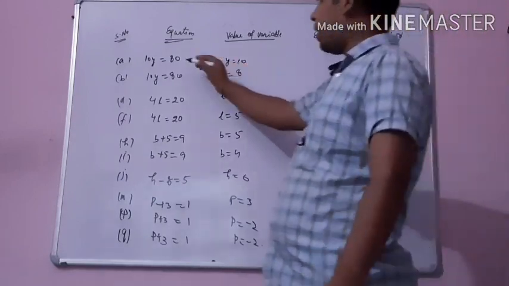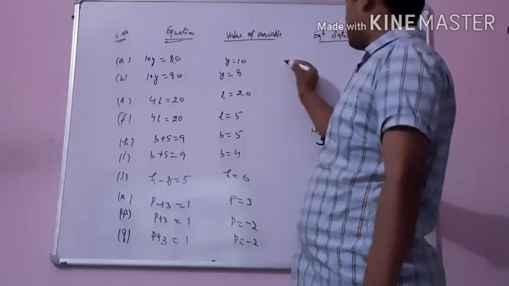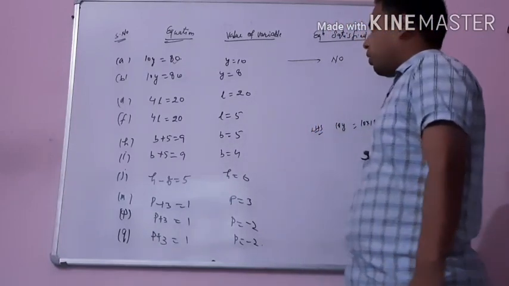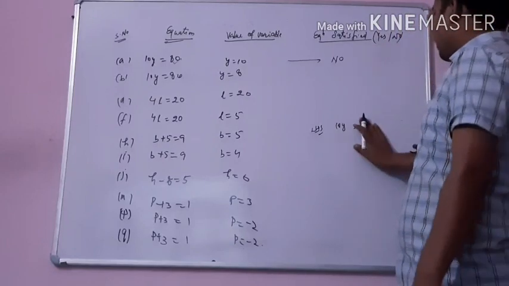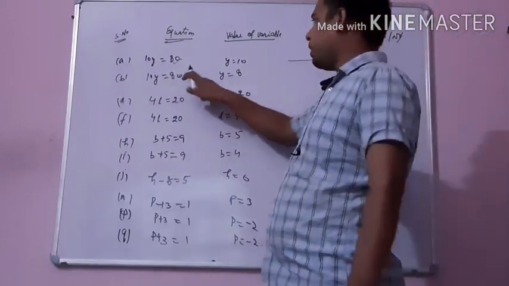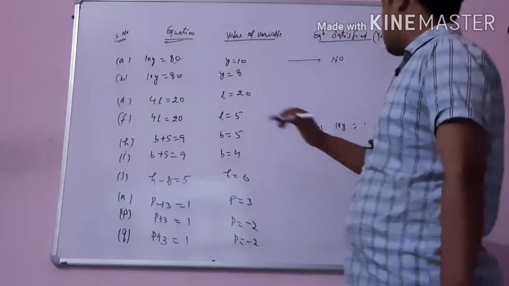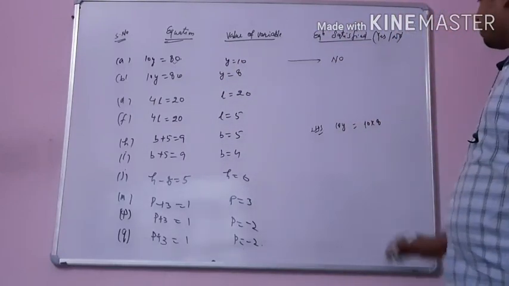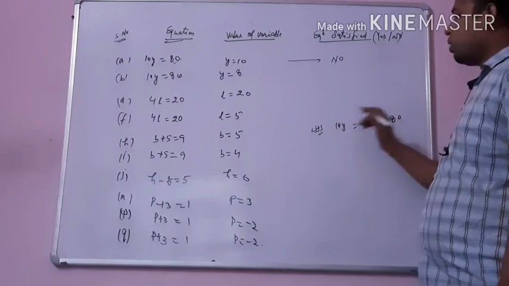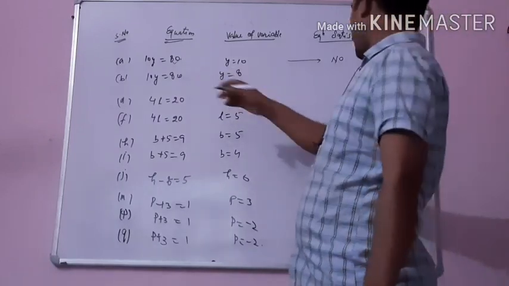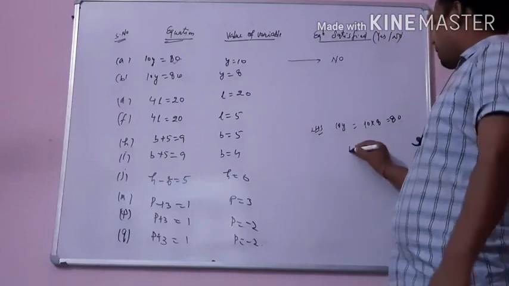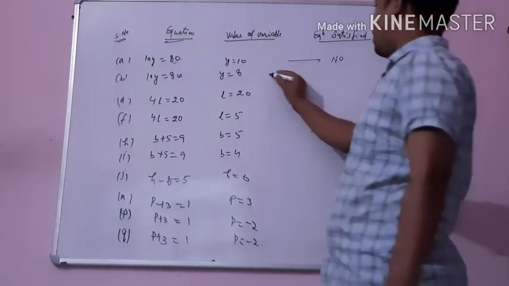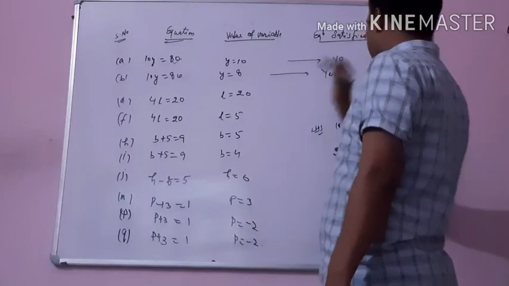But here RHS is 80. So this is not satisfied, so what will you write here? No. Similarly, when you take 10y equals 80 and y equals 8, putting y equals 8, 10 multiplied by 8 equals 80. So now LHS equals RHS. So the condition is satisfied. So this will be yes.